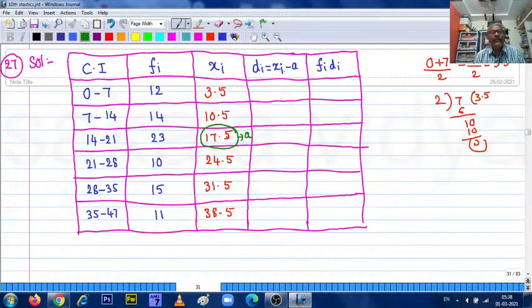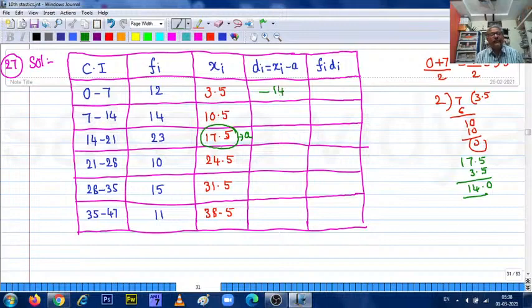Now xi minus a: 3.5 minus 17.5, so obviously you get minus 14.